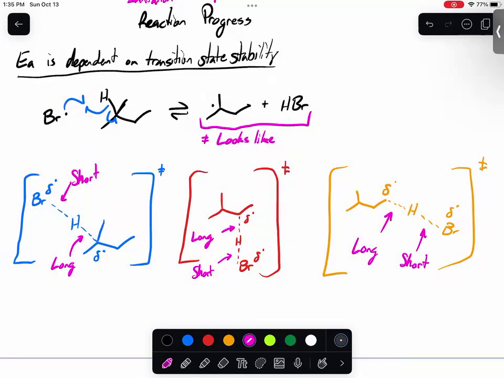So, what does this have to do with transition state stability? Everything we've talked about so far is the same stuff we talked about last time. But in this case, you have to think about it in terms of what these look like.